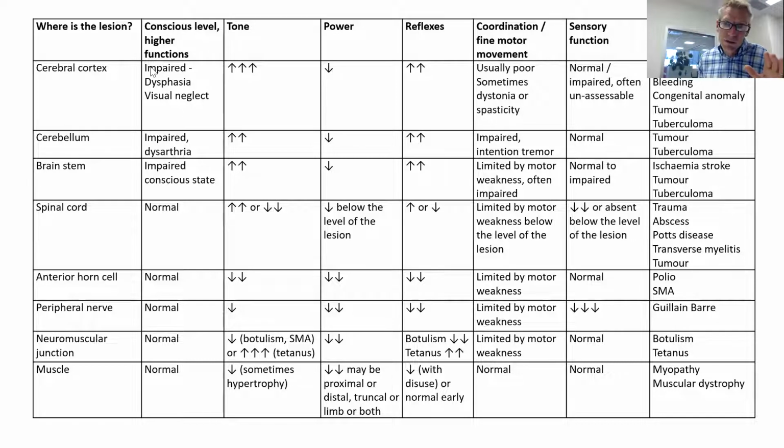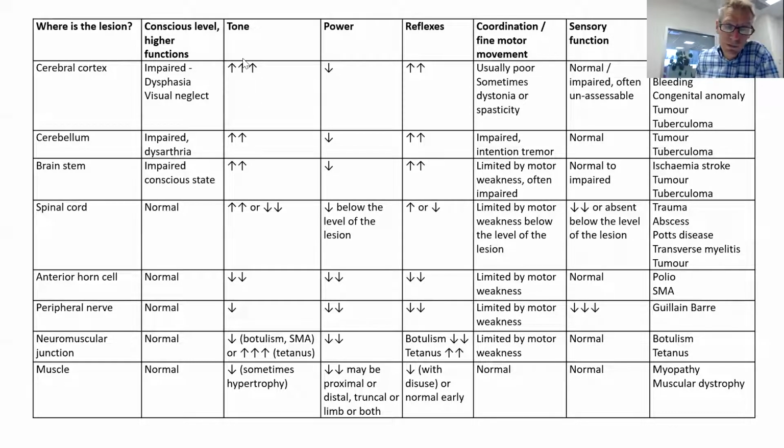Whereas children who have peripheral nerve lesions have a normal cerebral cortex. They're usually quite alert. They're weak and floppy, but they're usually quite alert. And so again, by understanding the different features at different levels, you can get a good understanding of where the lesion is, and from that you can get a good understanding of what the lesion is, right?